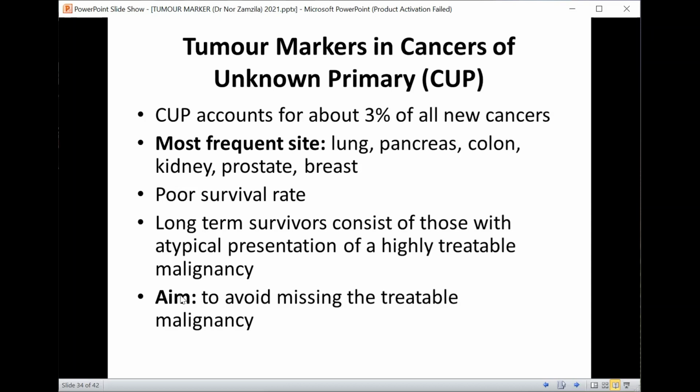It is treatable, isn't it? So it is worth detecting that kind of cancer. The aim of investigation in cancers of unknown primary is to avoid missing the treatable malignancy.